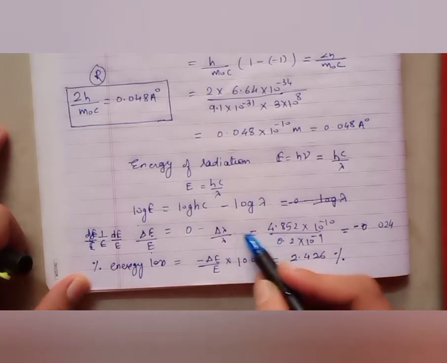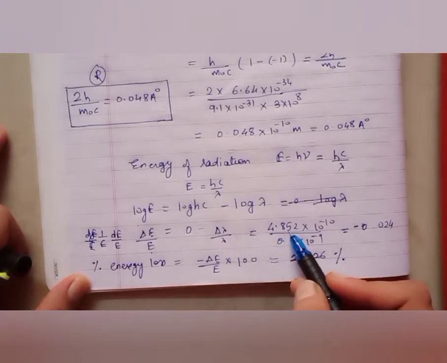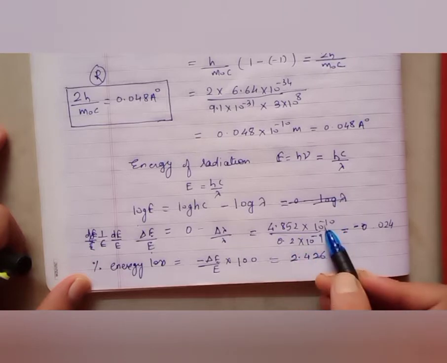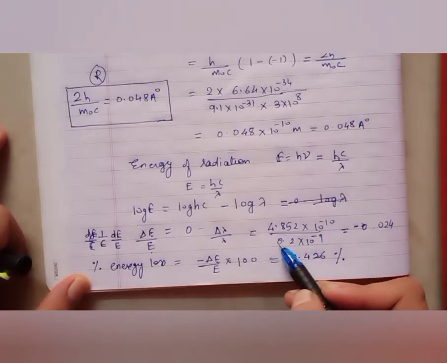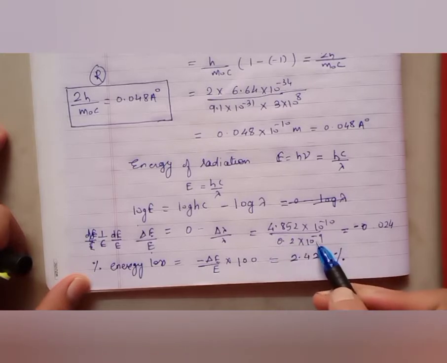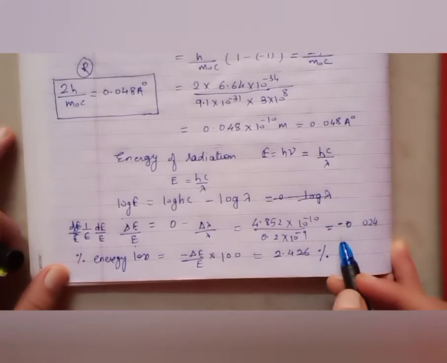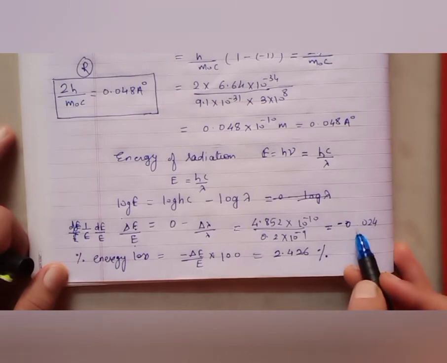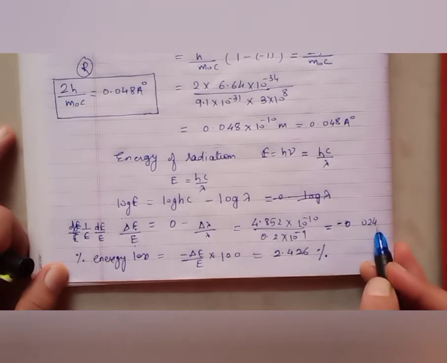So delta lambda we already know, it is 4.852 into 10 raised to minus 10. I converted it in meters, and lambda is also given as 0.2 nanometer in the numerical. So 0.2 nano stands for 10 raised to minus 9. I converted both in meters. So the final answer I will get is 0.024, minus 0.024.